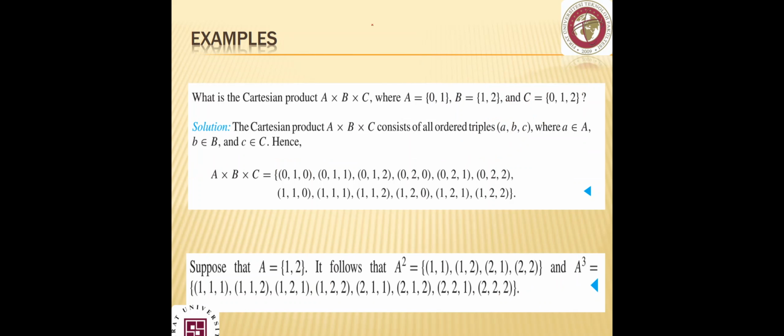Take another example. If we have the Cartesian product of A times B times C, that's why I said we may not have only pairs, we may have n-tuples. It depends on the application.